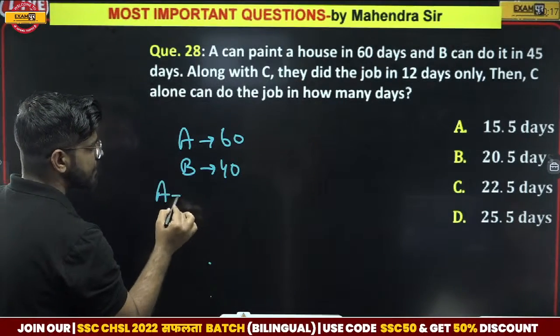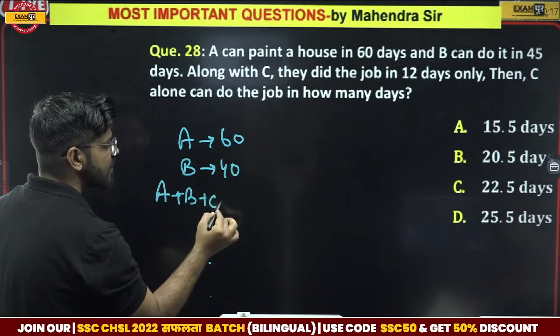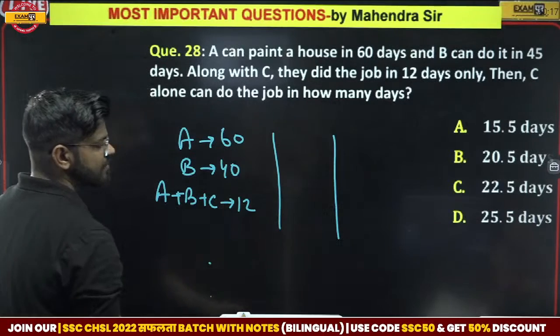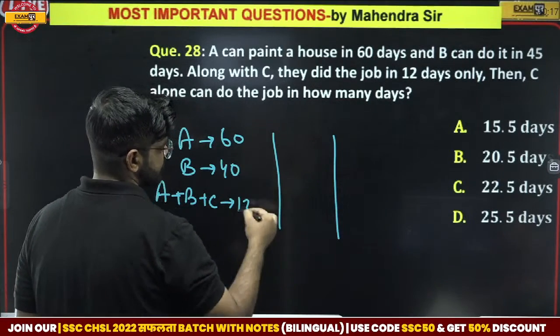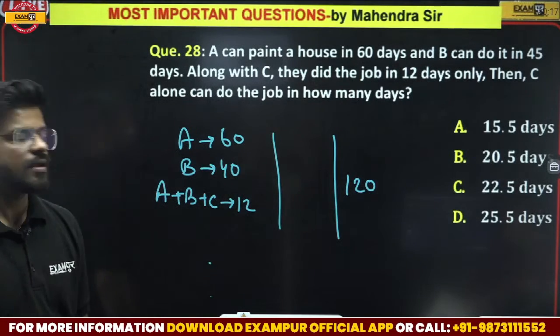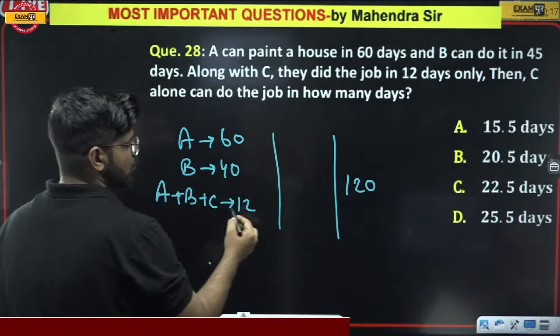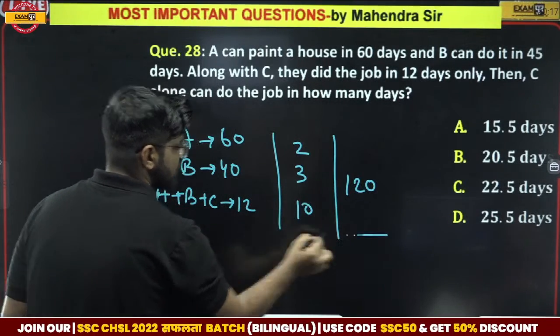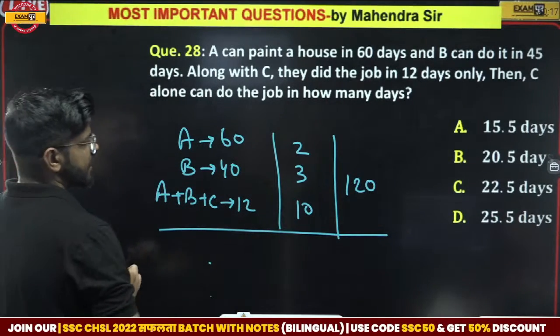That means A plus B plus C is given in 12 days. Take the LCM. What is the LCM? The LCM is nothing but 120. Yes or no? So 120: 2 times, 3 times, 10 times.